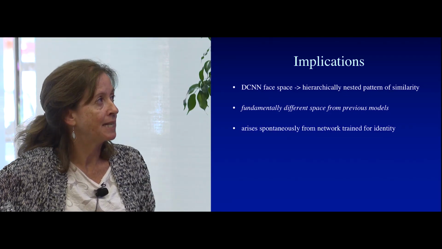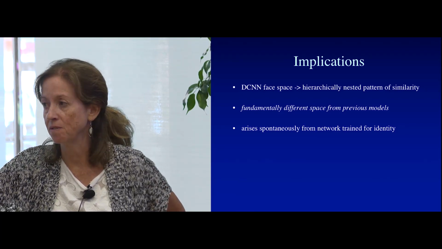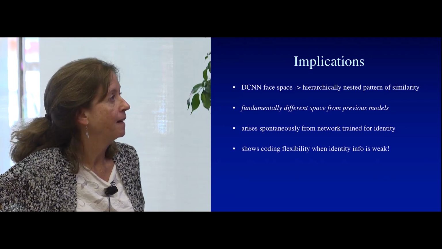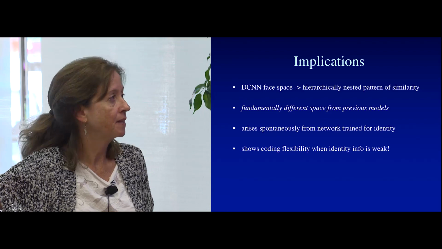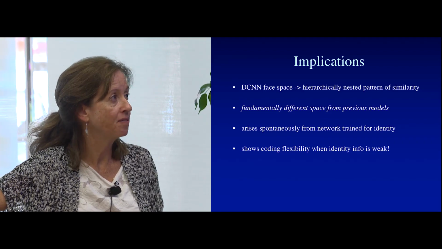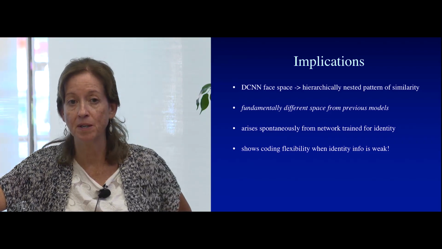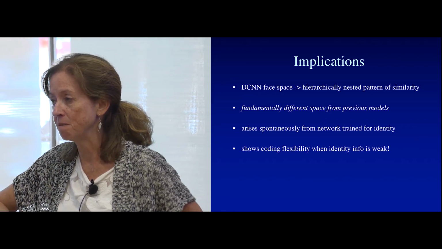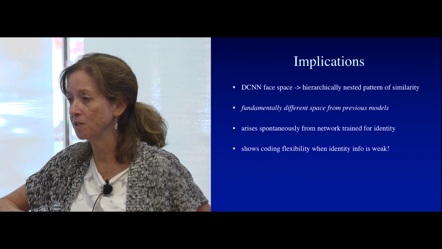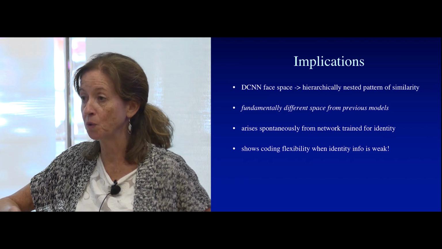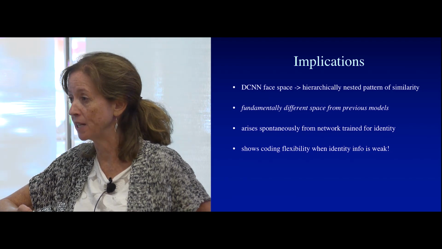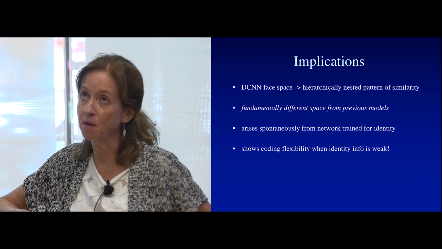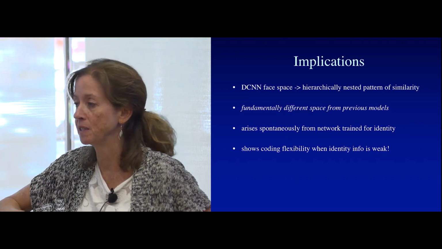It arises spontaneously from a network trained for identity. And one thing I really like about it is it shows coding flexibility when the variable of choice isn't working for you. So instead of misgrouping these anti-caricatures into the closest identity, which older computer vision models would have done, this one's saying, okay, I can't tell what these ones are, so let's just put them all together into image categories.